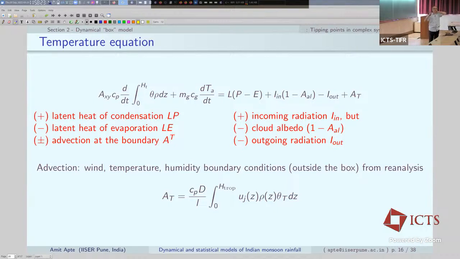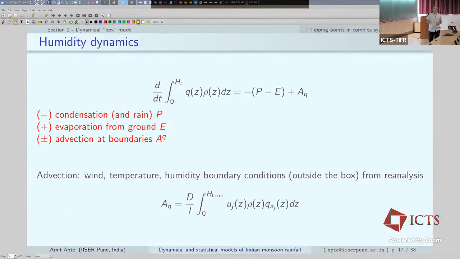Essentially it is related to the energy, which is why the heat capacity is multiplying this. Put together, the rate of change of energy is all the processes I just mentioned: latent heat, advection, incoming radiation, and so on. Each of these terms has to be somehow related to the temperature, humidity, and groundwater. That's the modeling exercise that needs to be carried out.